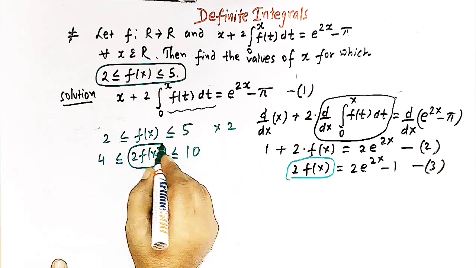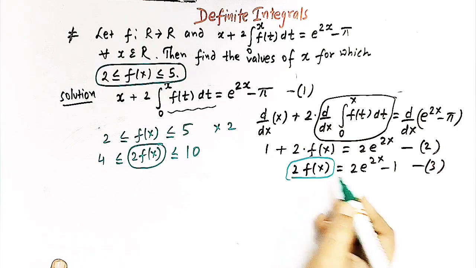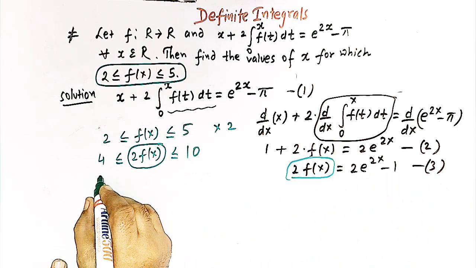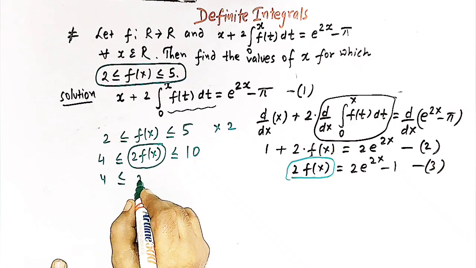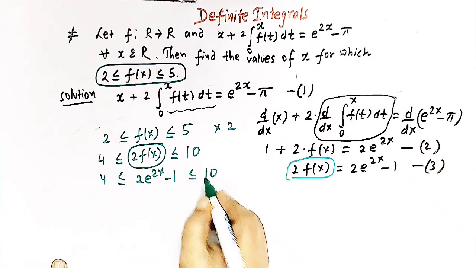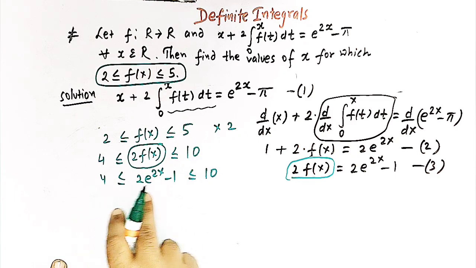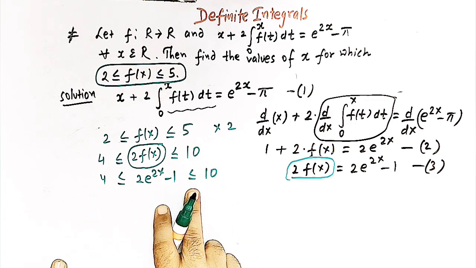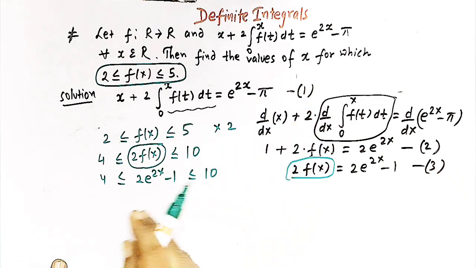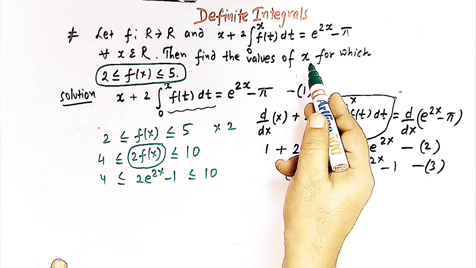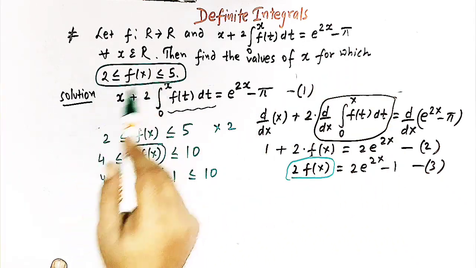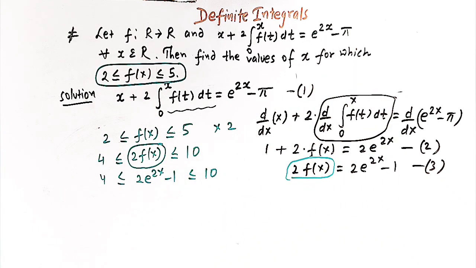Now we can substitute the value of 2 times f of x as 2 times e raised to 2x minus 1. So we have 4, and here we have 2 e raised to 2x minus 1, and here we have 10, right? Now we have to solve this inequality to get the values of x, or the interval in which x belongs when f of x lies between 2 and 5.